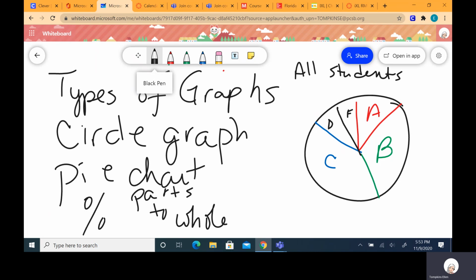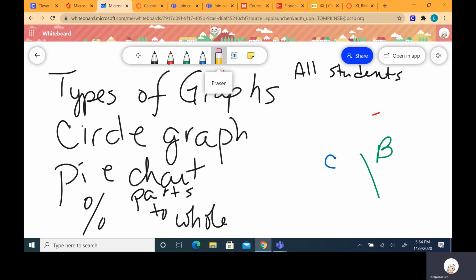So you could see how much of my class was doing what in comparison to each other. Right? But you always have a finite amount. And with this one, you could also make predictions. Like if all my students are like this, we could predict what all the 7th grade is.